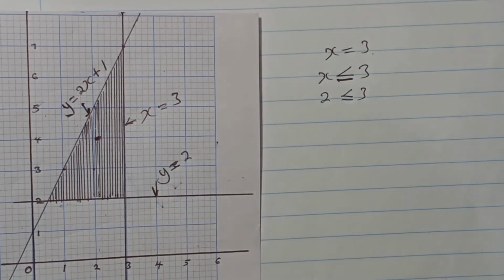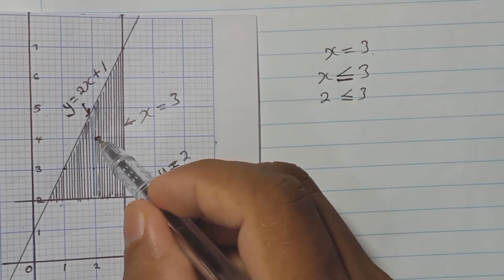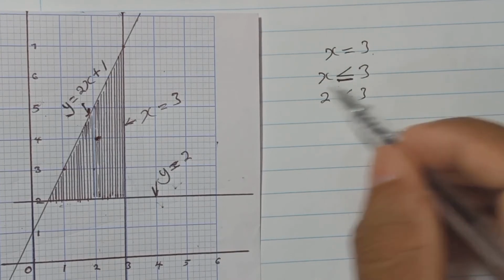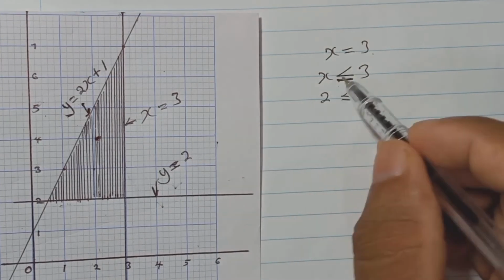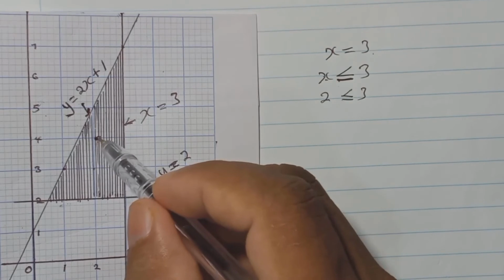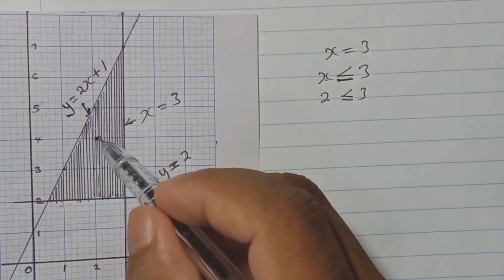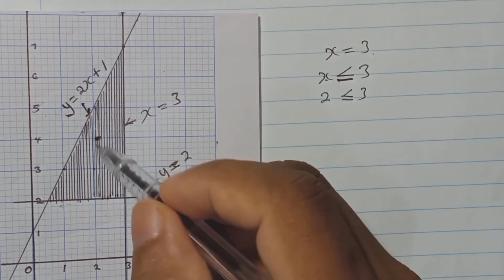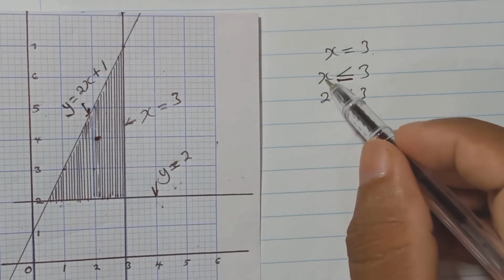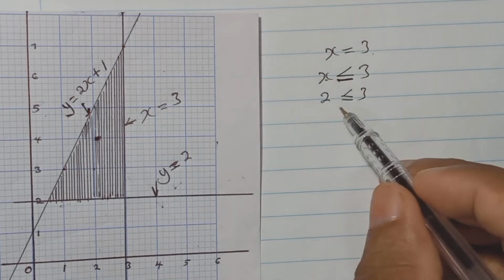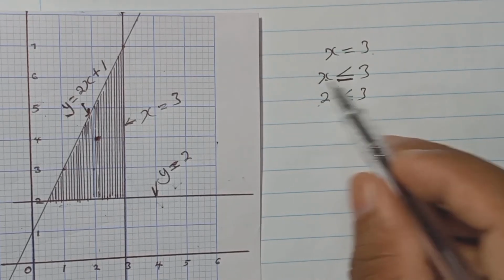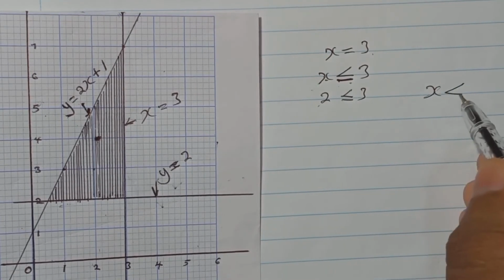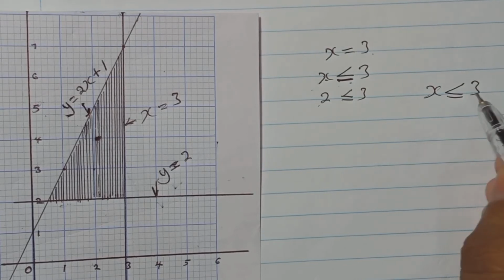The basic idea: when you have a shaded region, get a point inside that region, and then check whether the inequality is correct by putting in the x coordinate of that point. It is 2, so put 2 for x. It is correct, so your sign is right, not the other way. So one inequality is x less than or equal to 3.